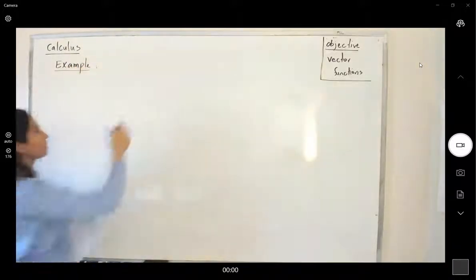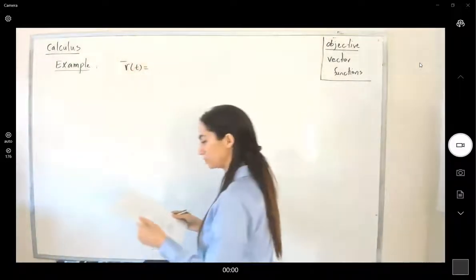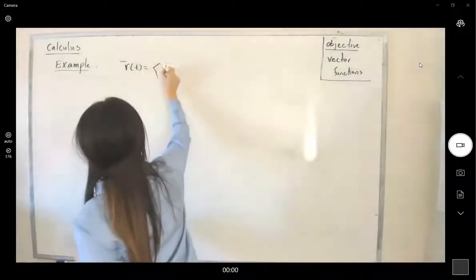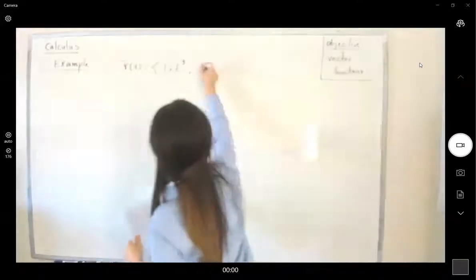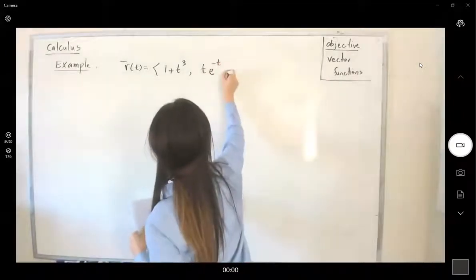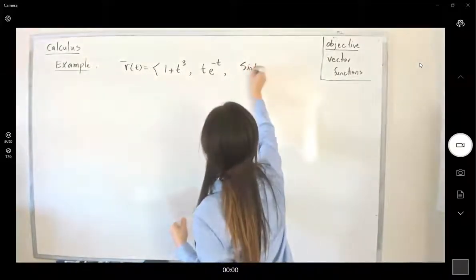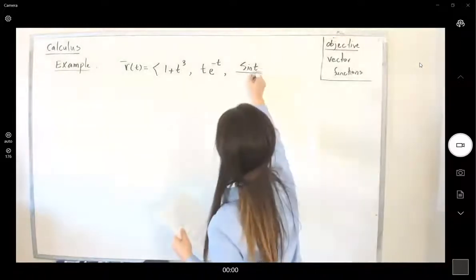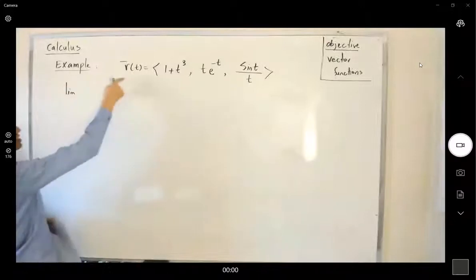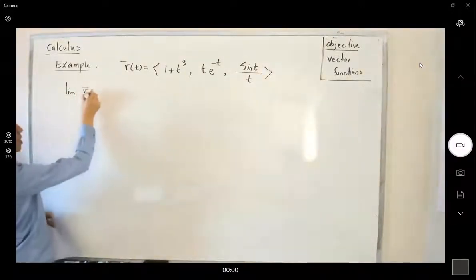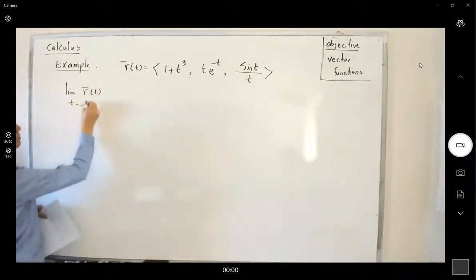So suppose you have this vector function defined this way: 1 plus t cubed, comma, t e to minus t, comma, sine t divided by t. And the question says, find the limit of this vector function r of t while t goes to 0.